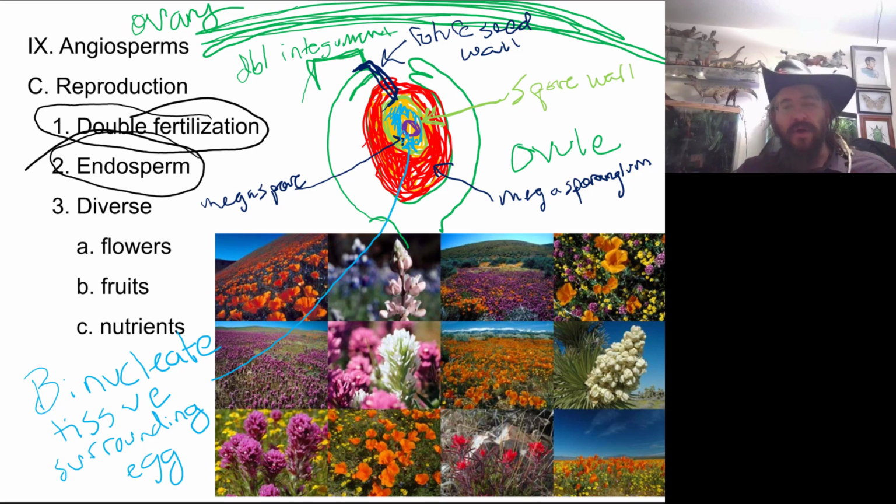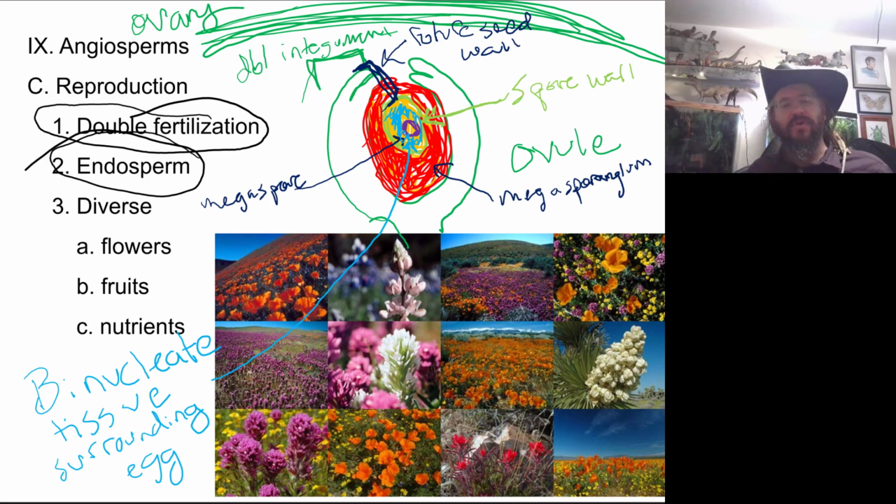Another one, flowers. Flowers allow much wider scale pollination, right? Wind knocking gymnosperm pollen out of the cones and into the air will only take you so far, right? A tree is going to maybe be able to fertilize the trees around it in a radius of tens to like a couple hundred feet if the wind's particularly strong, right? Very local fertilization going on when you rely upon wind.